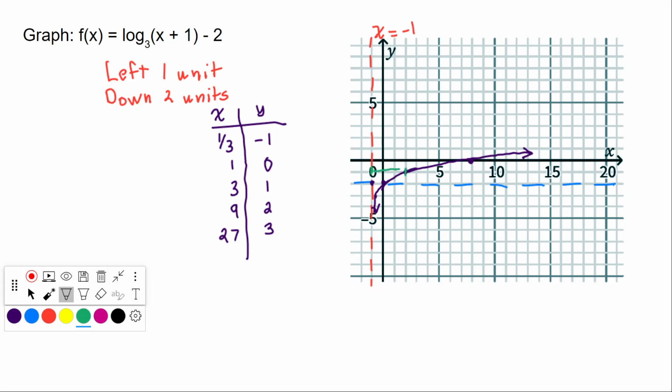This is a distance of 3. That matches our base of our logarithm. So while everyone will always have an x-intercept at (1, 0), the next point will be the value of the base, or b, units from that vertical asymptote. And this concludes the video for graphing logarithmic functions.